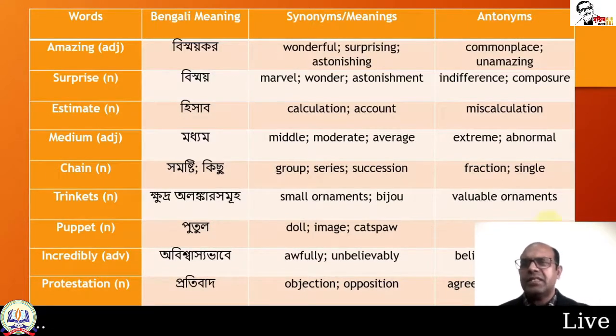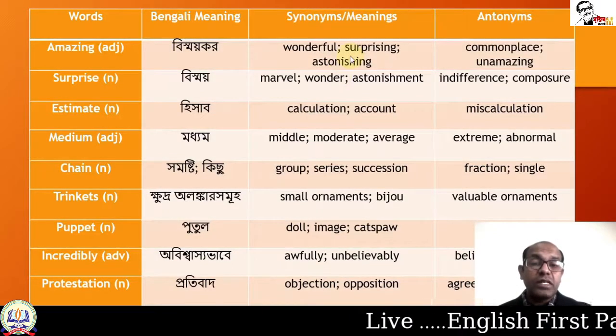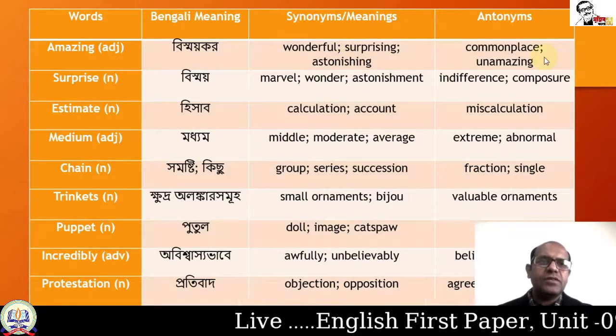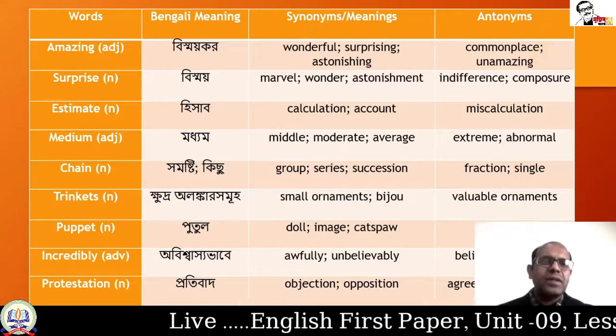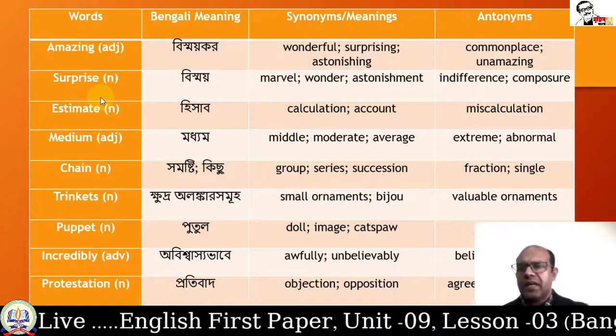Here amazing means Bishoykar. Bengali meaning is Bishoykar, and its synonyms are wonderful, surprising, astonishing, and its antonyms are commonplace. Then surprise.